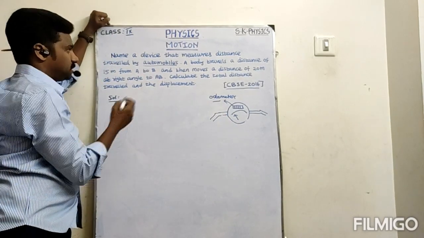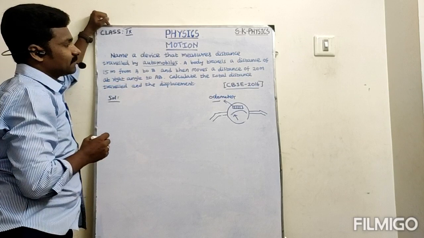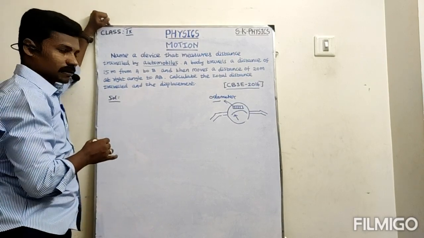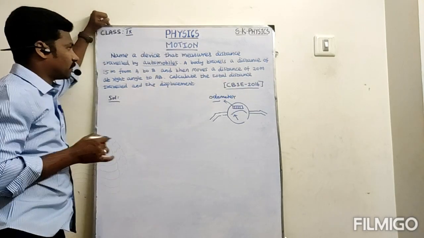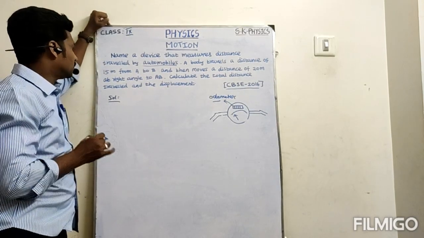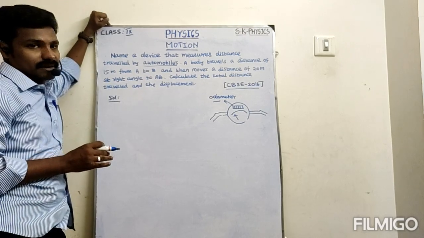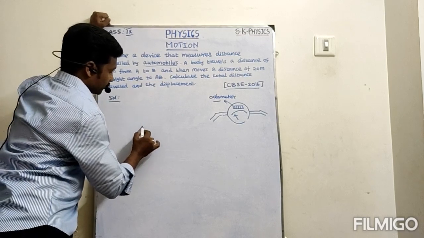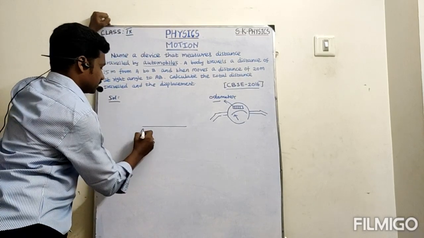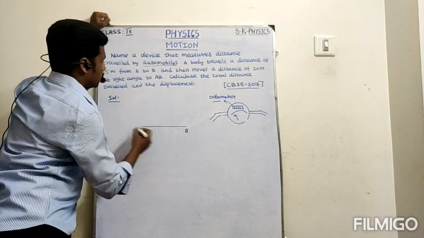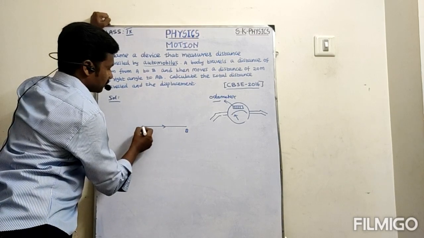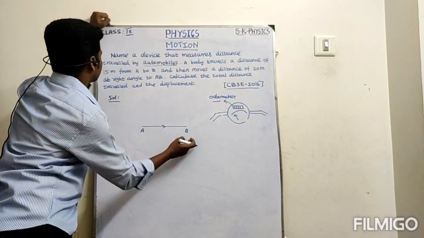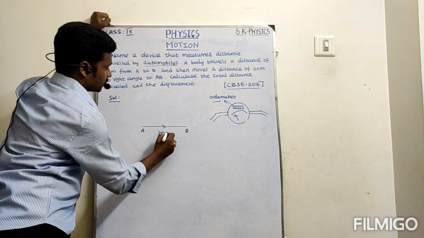Next, a body travels a distance of 15 meter from A to B. Then it moves a distance of 20 meter at right angle to AB. First, simplify it as a diagram. First AB. So this is AB, with initial position A and final position B. The body travels from A to B, and the distance given is 15 meter.